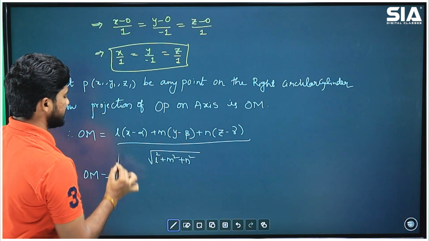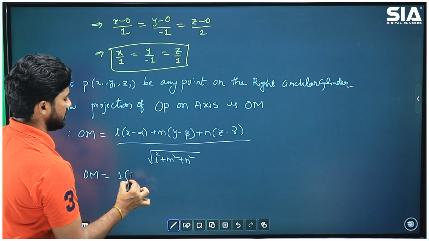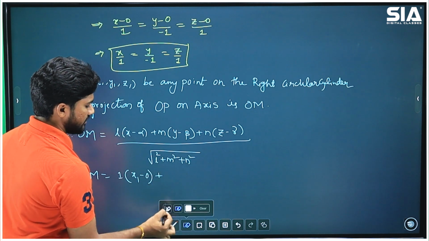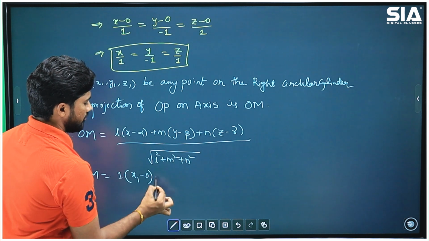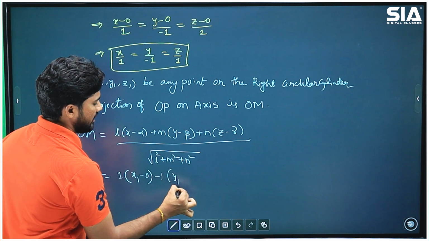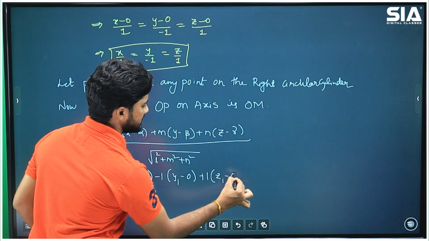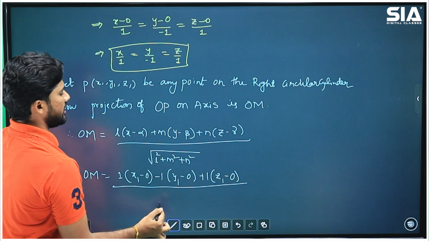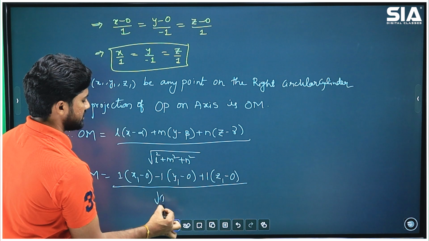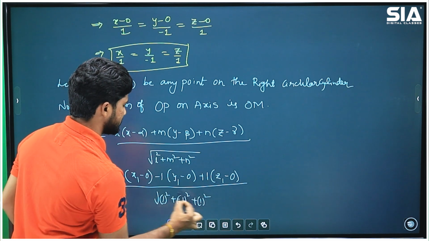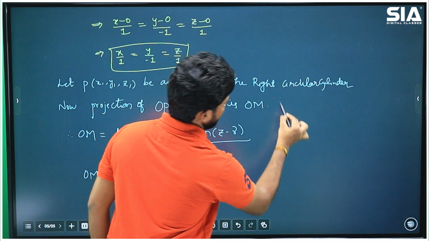The l value is 1, so x1 minus 0, plus the m value minus 1, y1 minus 0, plus the n value 1, z1 minus 0, all divided by the square root of 1 square plus (minus 1) whole square plus 1 square. The next step I am writing directly.